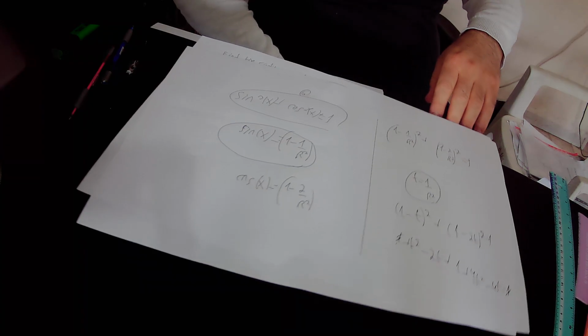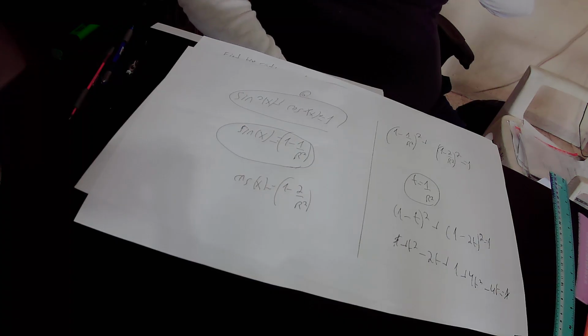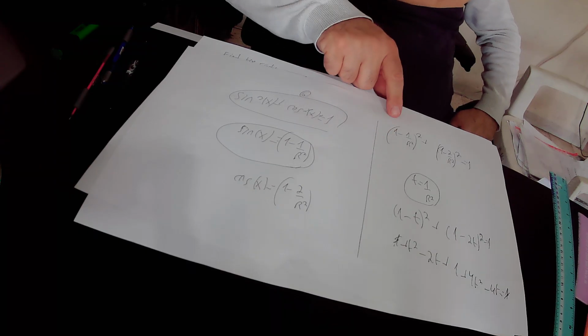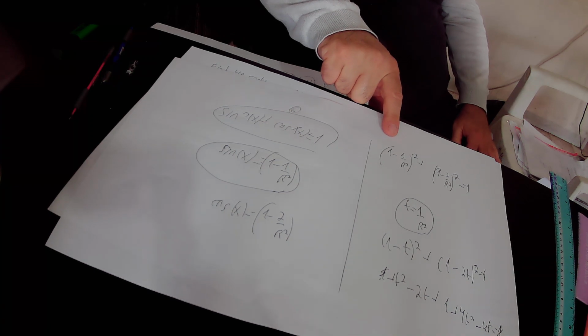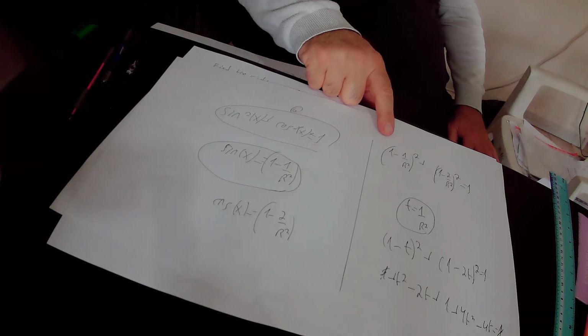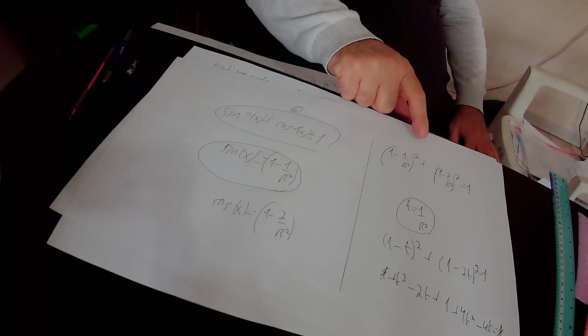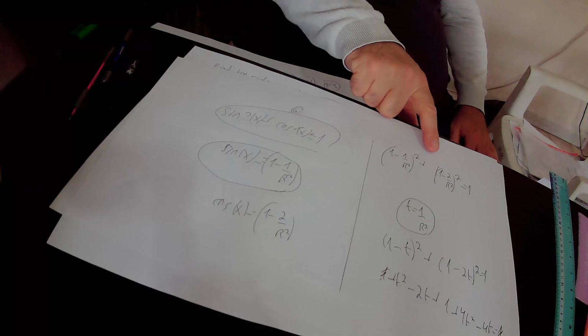The next step is to substitute 1 over r squared by t. Here we have 1 minus 1 over r squared. 1 over r squared is t, so we substitute, and we find that this expression will be equal to (1 minus t) squared. And we have here 1 minus 2 times 1 over r squared. 1 over r squared is t, so 2 times 1 over r squared is 2t.